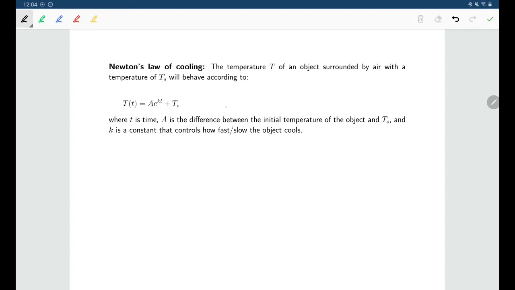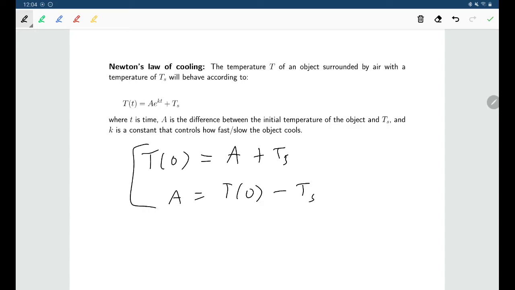So A is the difference between the initial temperature and T subscript S. In other words, T of 0, our initial temperature, is A plus T of S. Or in other words, A is your initial temperature minus your surrounding temperature.